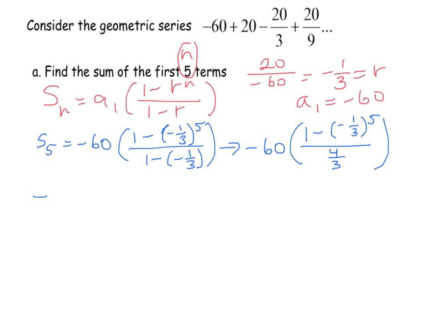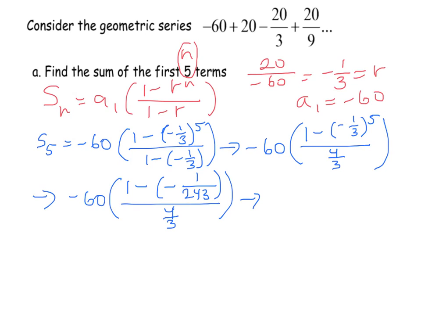So now continuing the simplifying, negative 60 times 1 minus negative 1 over 243 over 4/3. And continue simplifying, I find the common denominator for the numerator of the complex fraction.